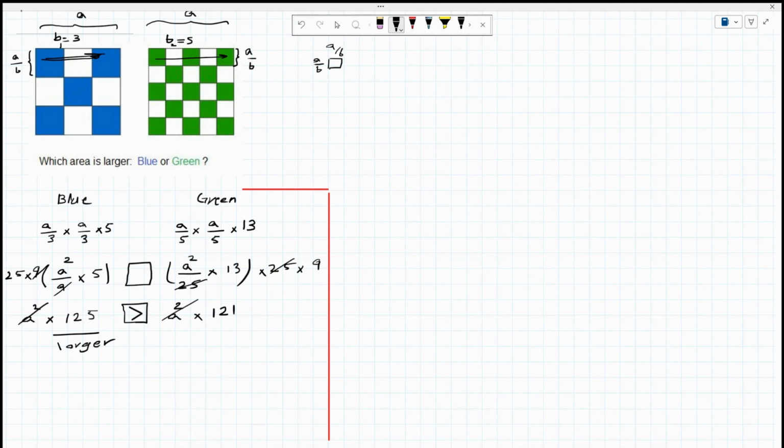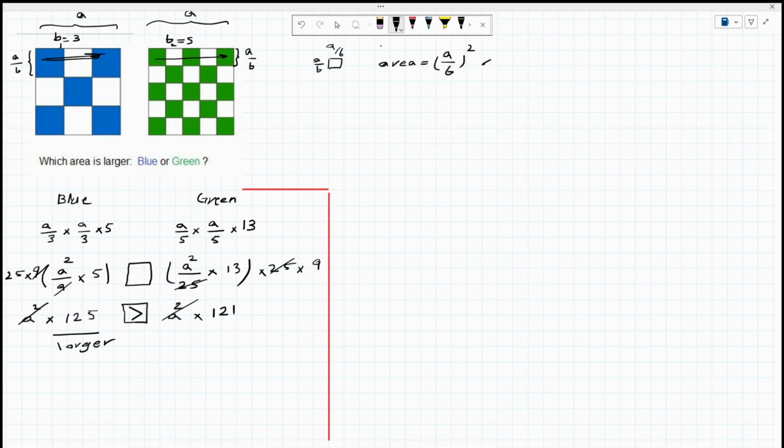I know that the area of this square is equal to a divided by b, to the power of 2. That's the area for one small tiny square.